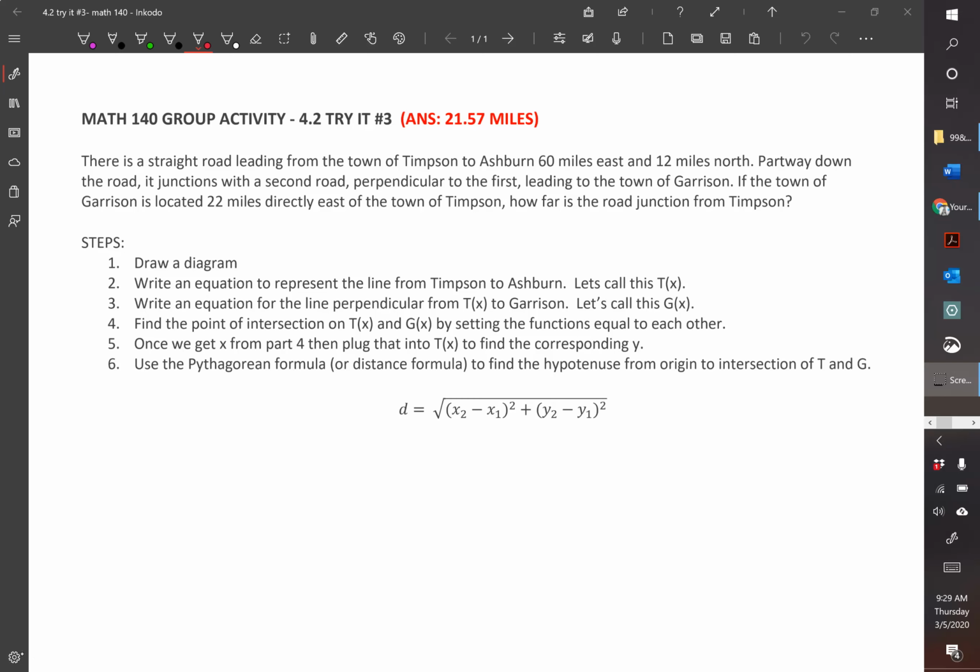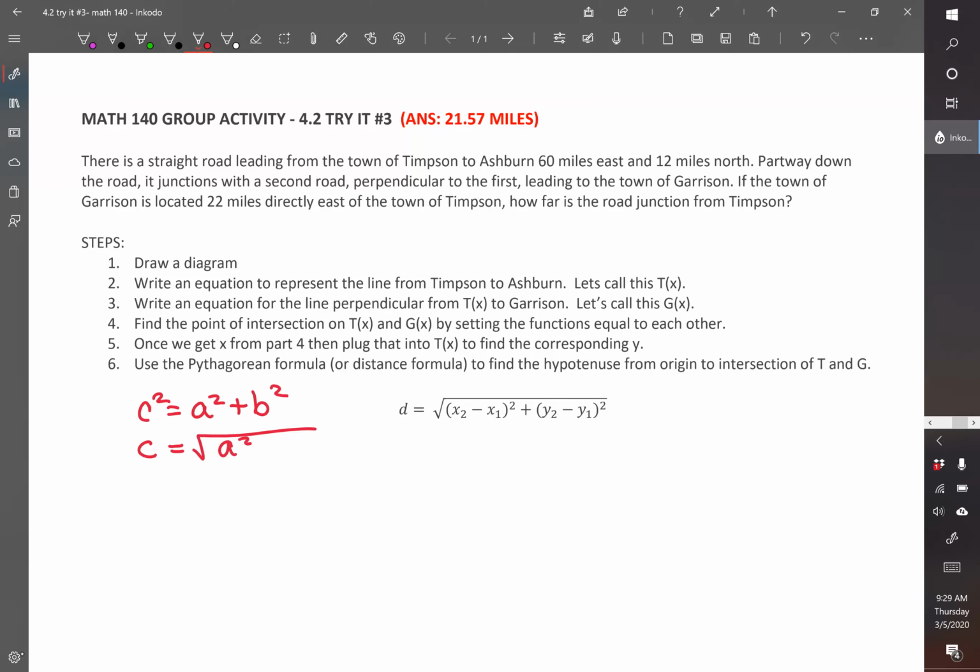First thing I wanted to do is talk about the distance formula and how that actually comes from the Pythagorean theorem. So the Pythagorean theorem says c squared equals a squared plus b squared, and if we wanted to solve for the hypotenuse, we would have c equals square root of a squared plus b squared. And I hope you notice here how that relates.